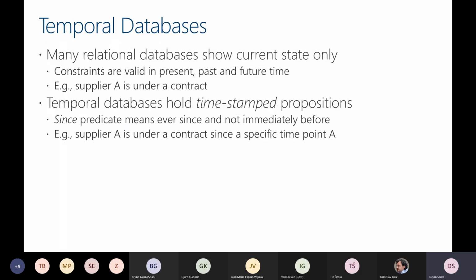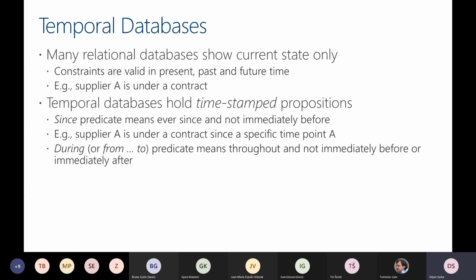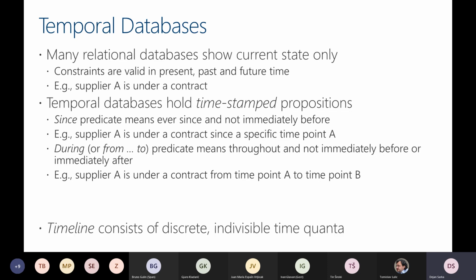So we have an interval that is closed on one side and open on another side. And then we have completely closed intervals, during, or from-to. This predicate means that this proposition, row, or tuple in our relation is valid only throughout this interval, not immediately before and not immediately after. So supplier A is under a contract from time point A to time point B.